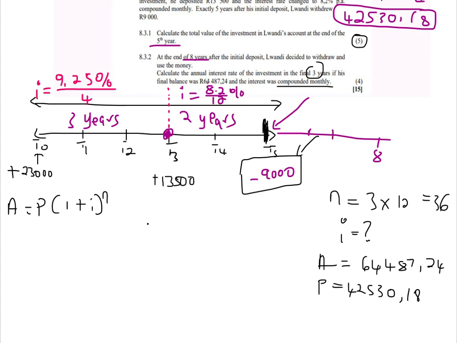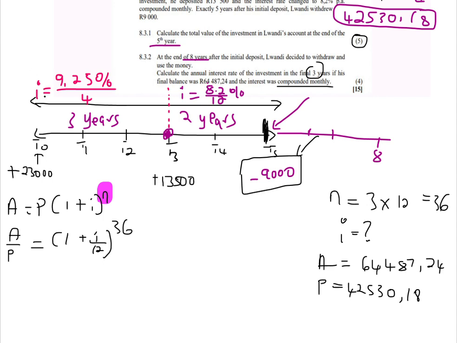So now let's see. I'm going to have A over P, if I divide both sides by P, is equal to 1 plus the interest over 12, right, to the power of 36. That is the compounding period, 3 years by 12 months, so 3 times 12.